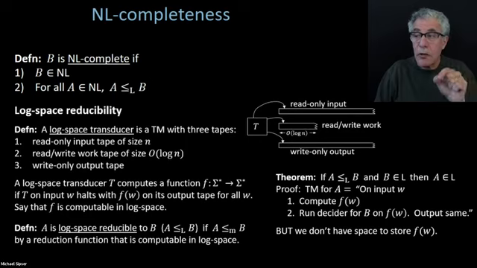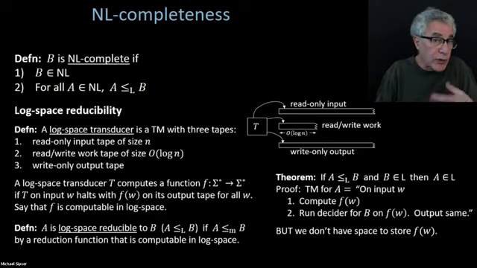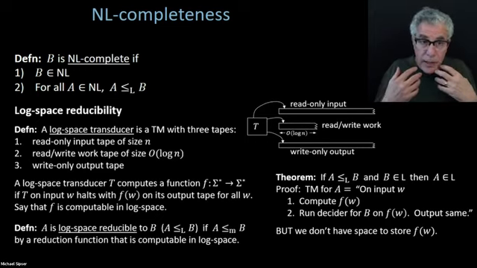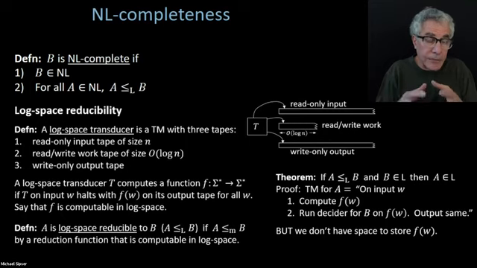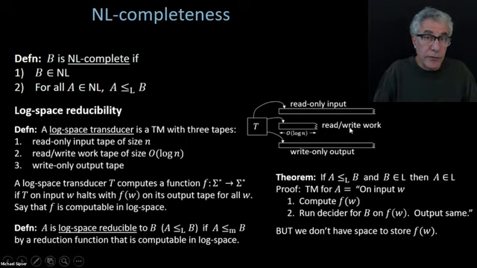So every time we do another step of simulating B, we're going to have to rerun the transducer from the beginning just to compute, maybe for the first time, or recompute it if we need it subsequently. This is going to be slow, but we don't care. To recompute that symbol that the decider for B requires.